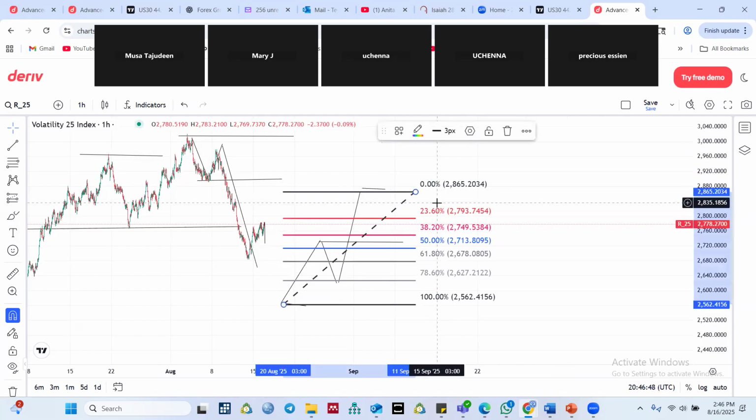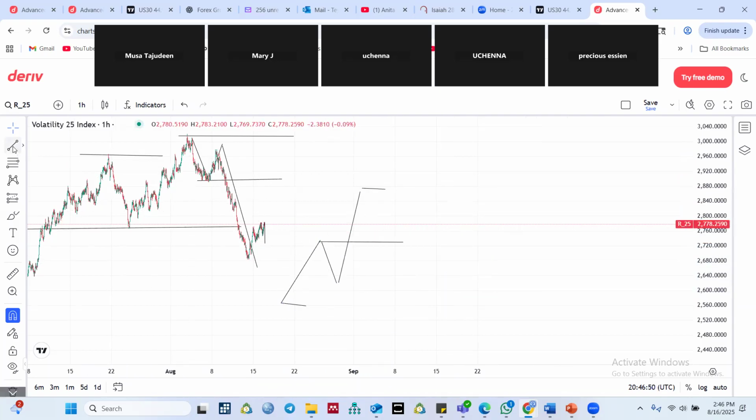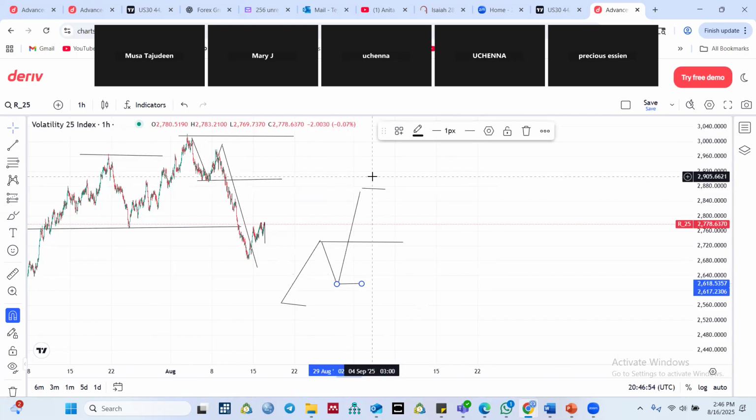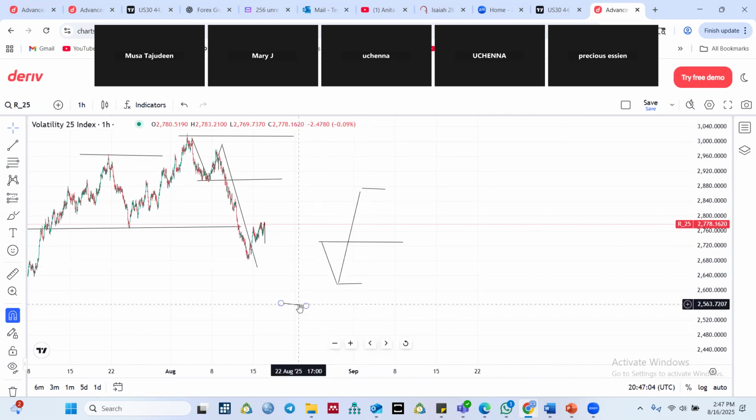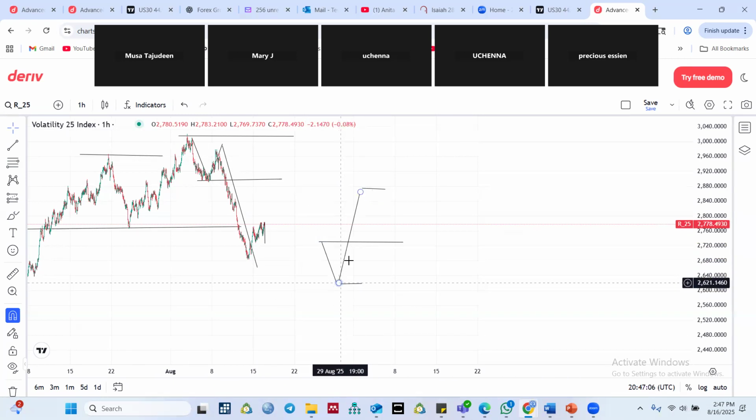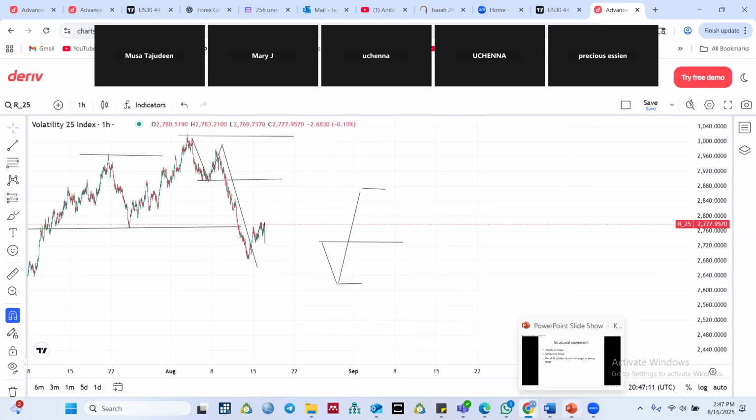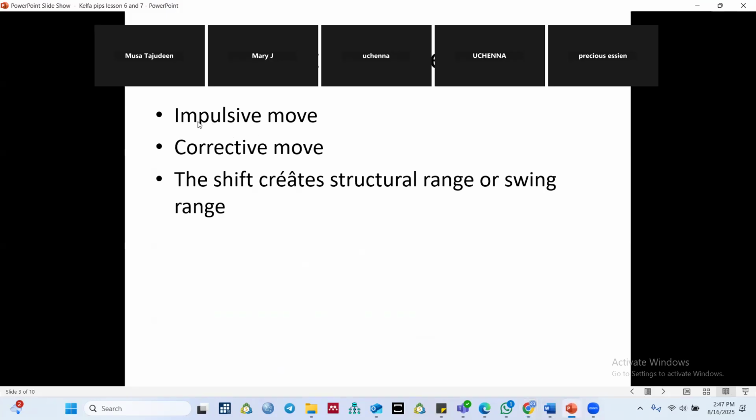So the move that breaks the structure is called the impulsive move.